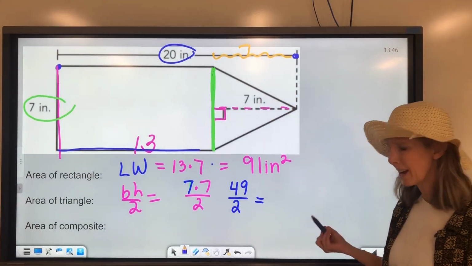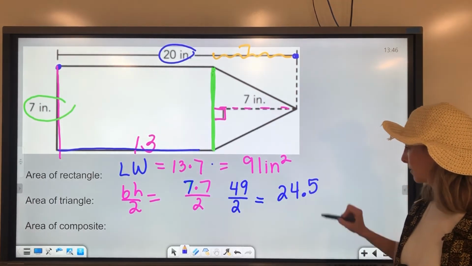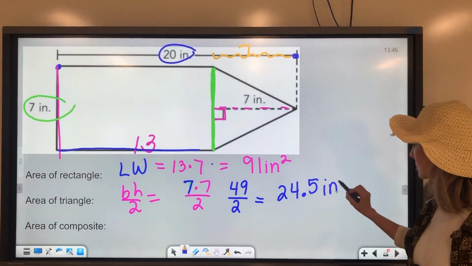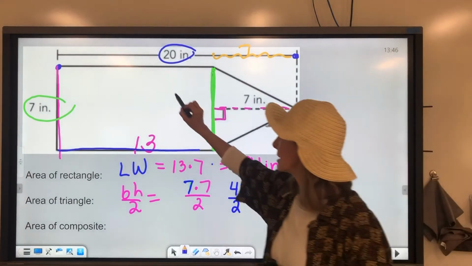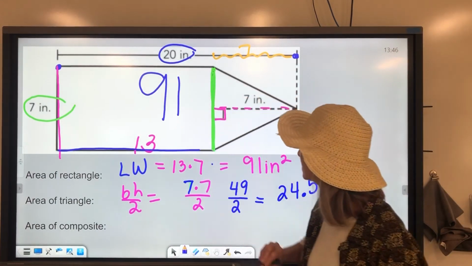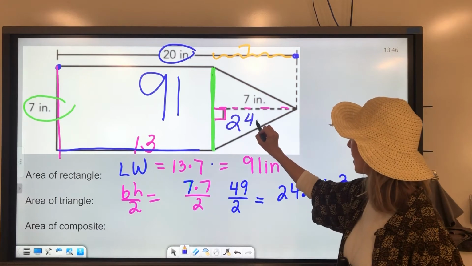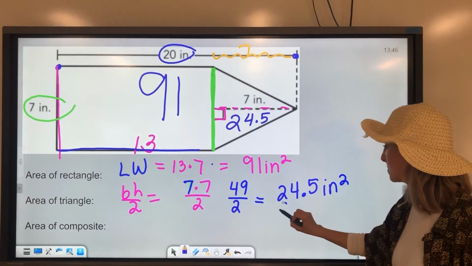Well, when I do that, I get a decimal. I get 24.5. And that's okay if we end up with a decimal. That happens sometimes. This is inches squared. So to combine all of that, I've got the 91 here. I've got the 24.5 here. What am I doing with these numbers? I'm adding them up.